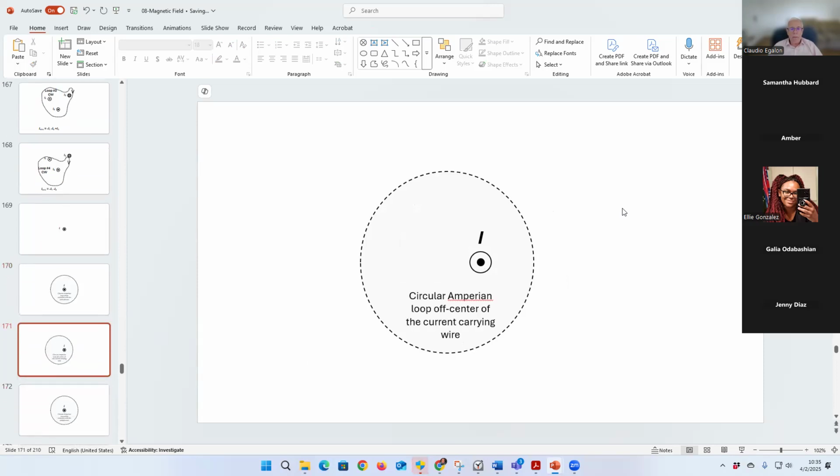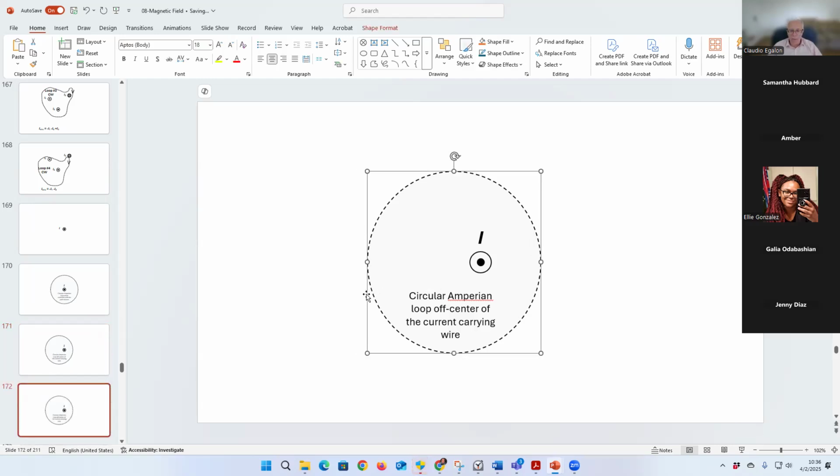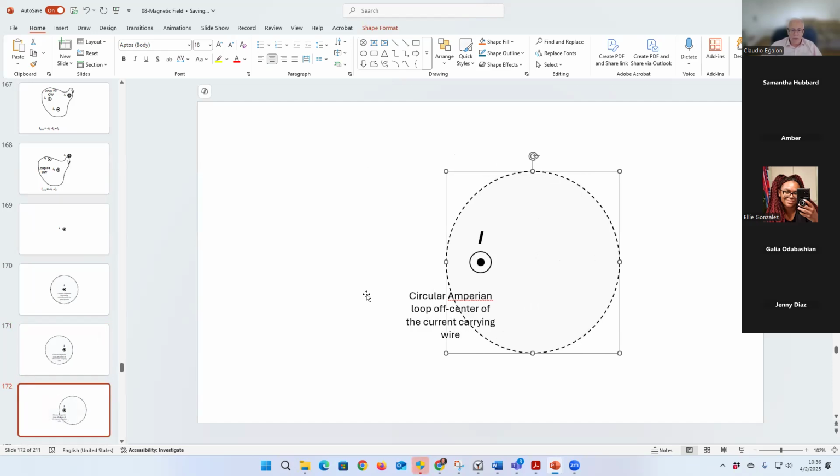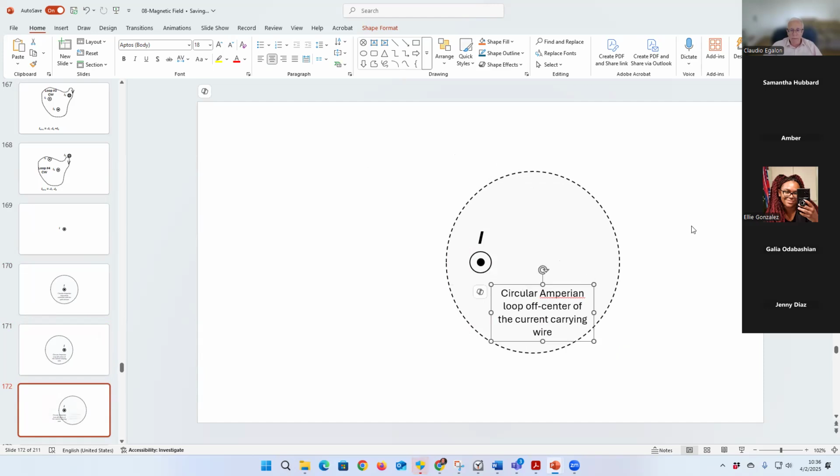Next, if you do a loop like that, you won't be able to solve the problem because there's no symmetry in this loop with respect to the source of the magnetic field. Okay? Similarly, if the loop is displaced in the other direction, you won't be able to solve the problem because this does not represent a symmetric loop.